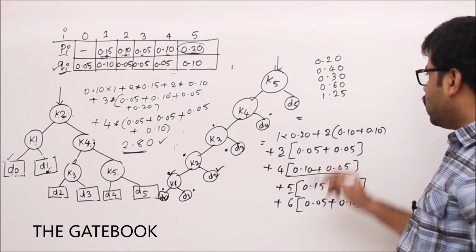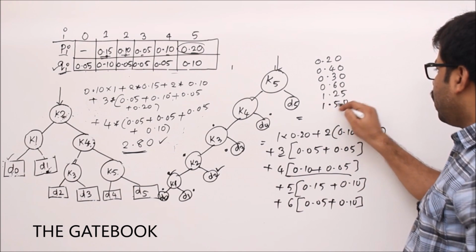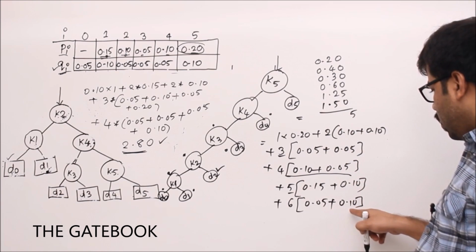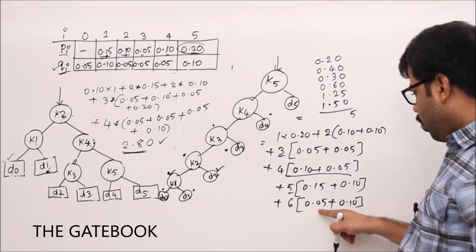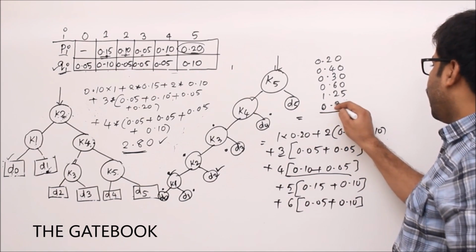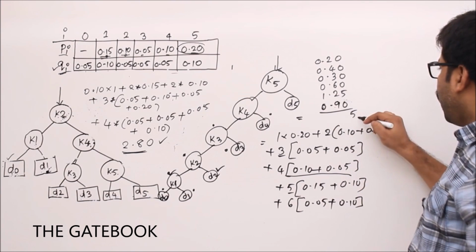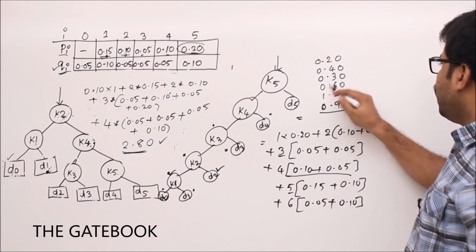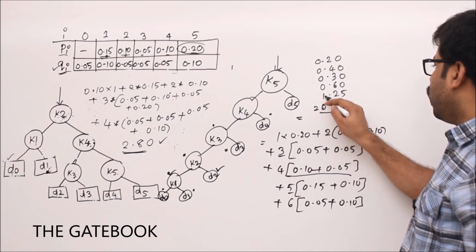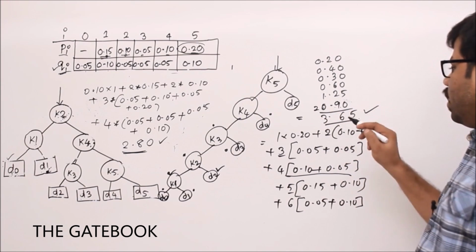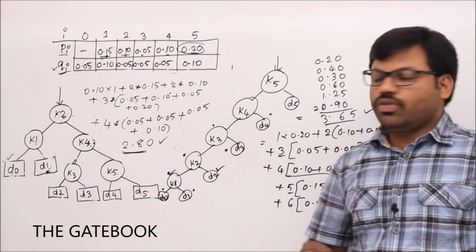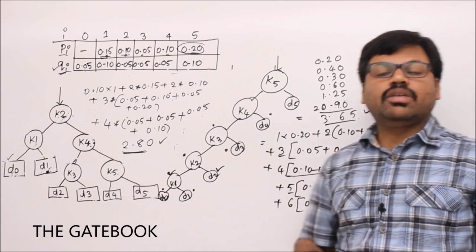I'm sorry, 0.15 into 6 is 0.90. If you simplify, it would be 5 here, 9 plus 2, 11, 17, 20, 24, 26. 2 here, 2 plus 1, 3. 3.65. It's a very large value compared to 2.80, right? So for this problem, actually 2.80 is the best solution.